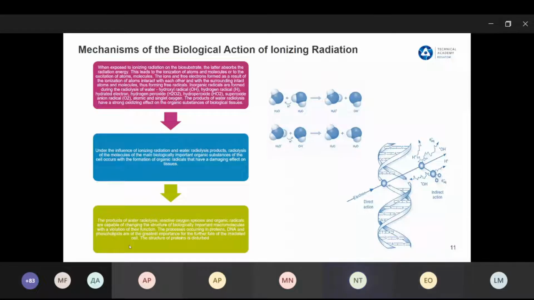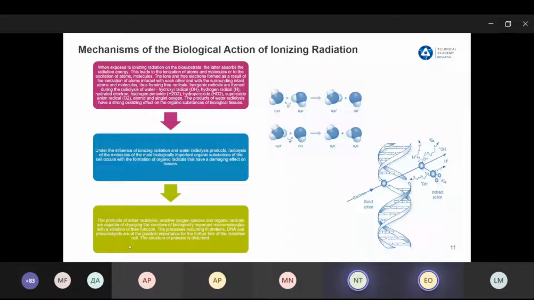In the presence of oxygen, organic radicals interact with it. High affinity of oxygen for organic radicals underlies the so-called oxygen effect, the essence of which is to enhance radiation damage to proteins, DNA, and other biomolecules in the presence of oxygen.